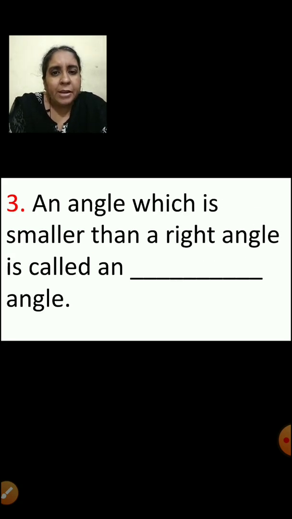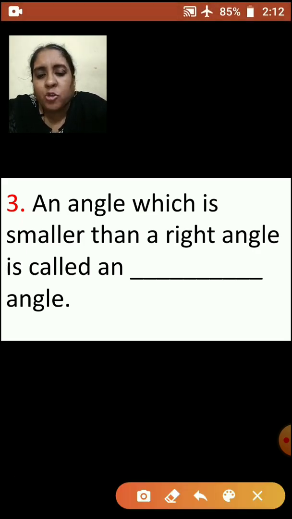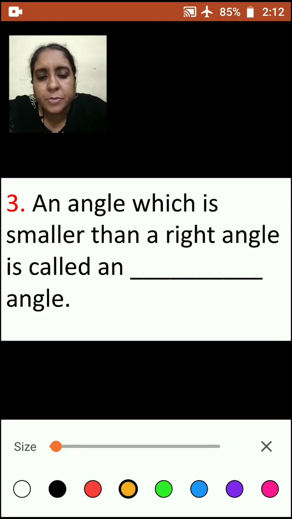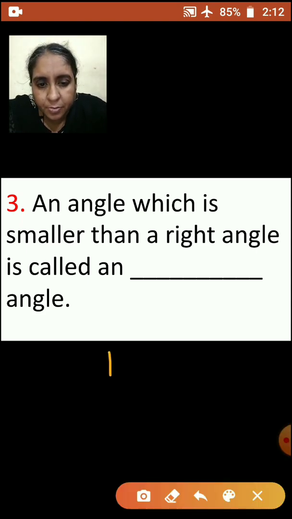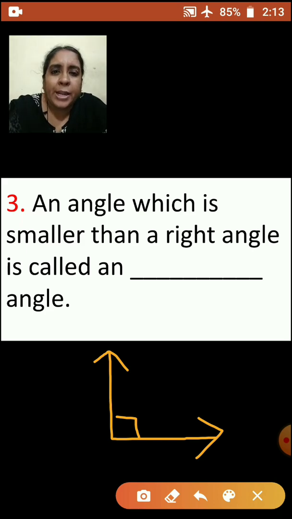Now we will see the third question. An angle which is smaller than a right angle is called an dash angle. I'll draw a right angle and show you, children. Okay, this is your right angle.